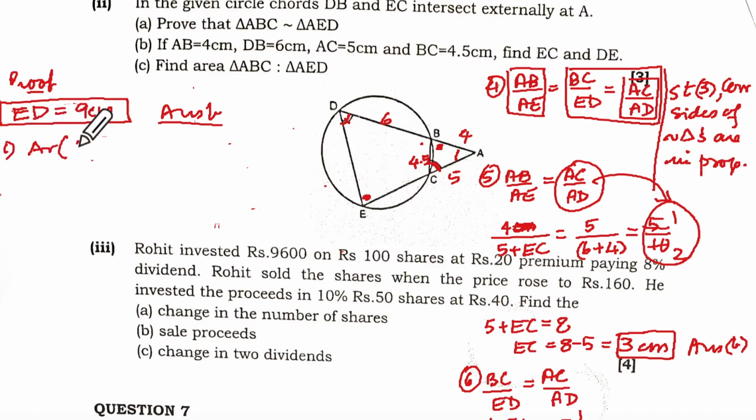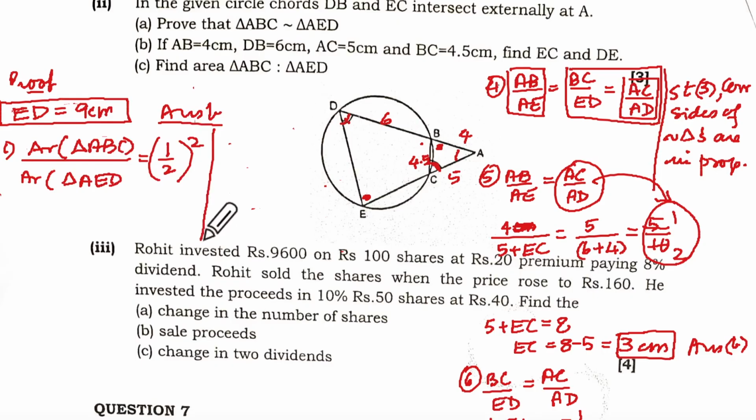Area of triangle ABC upon area of triangle AED will be equal to, I will write like this, correct? And this will be from statement 4 and also 5.